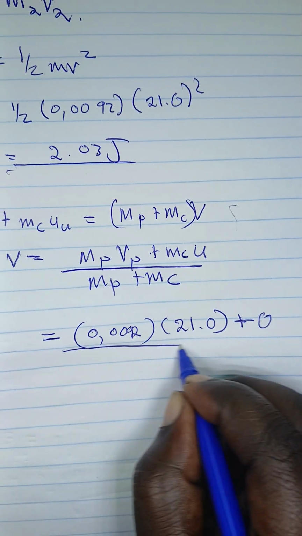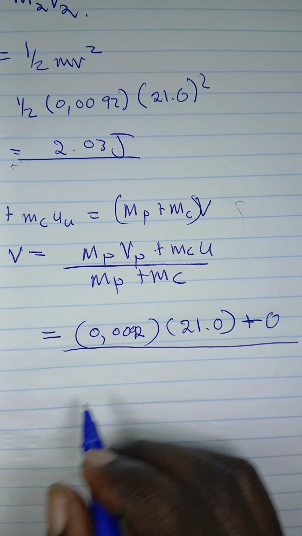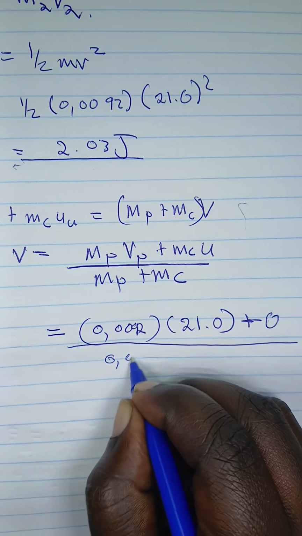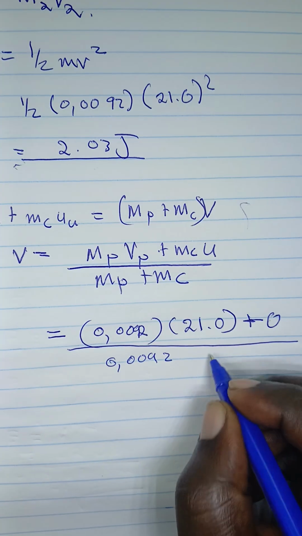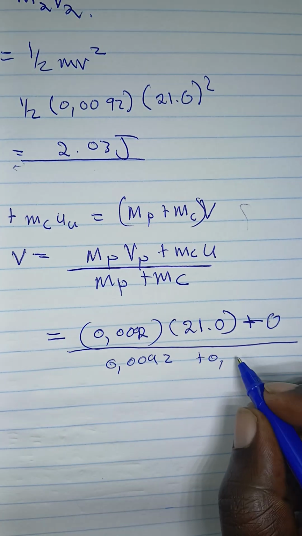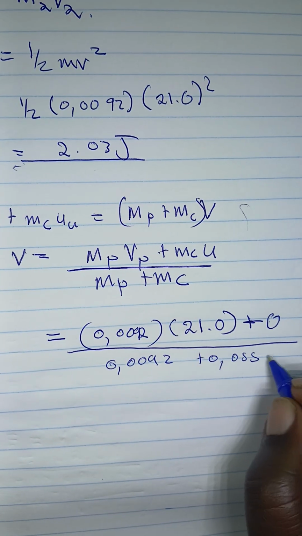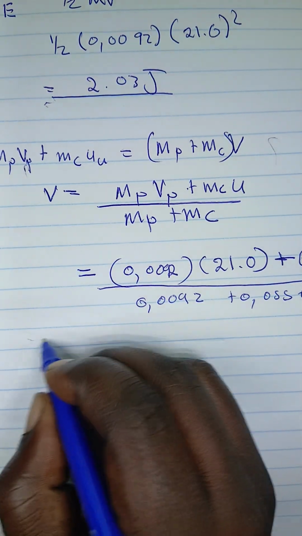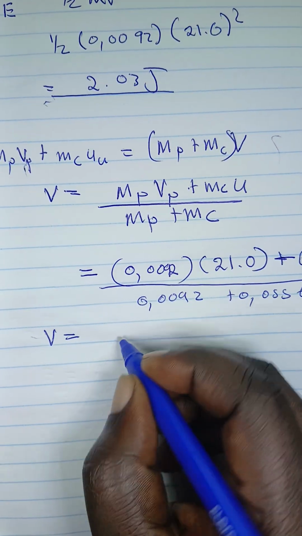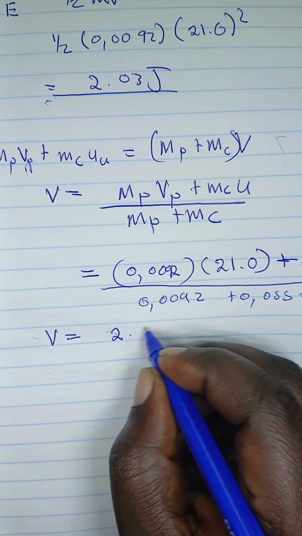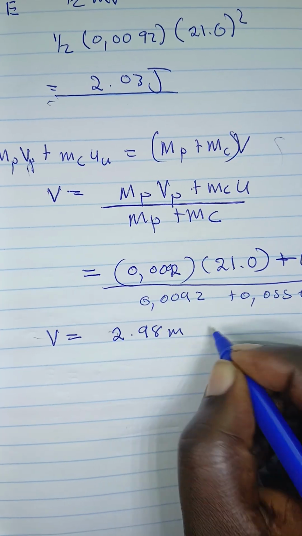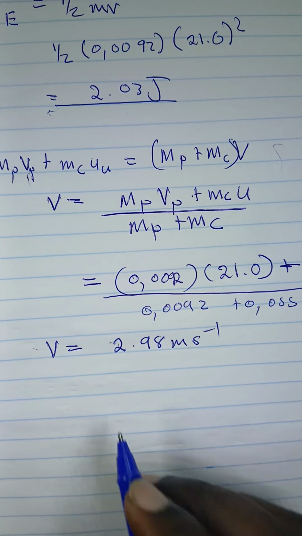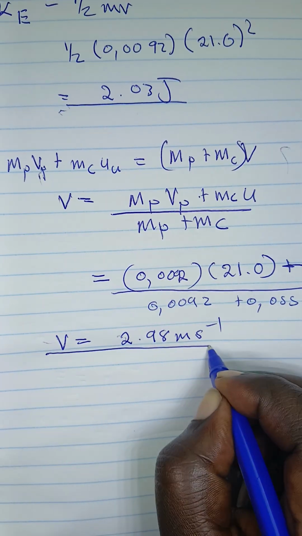It didn't have momentum before it was hit by the pellet, over 0.0092 plus 0.0556. So our velocity of the system after impact is 2.98 meters per second.